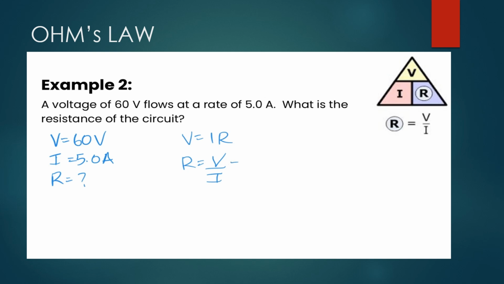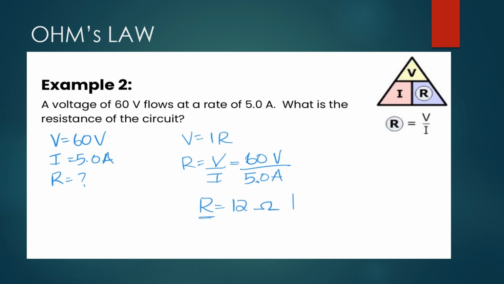If we substitute in our numbers, our voltage is 60 volts and our current is 5.0 amps. Solving this gives us 12, and remember, our units are going to be in ohms.